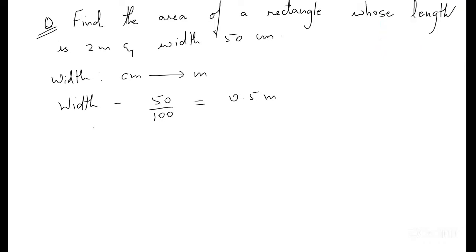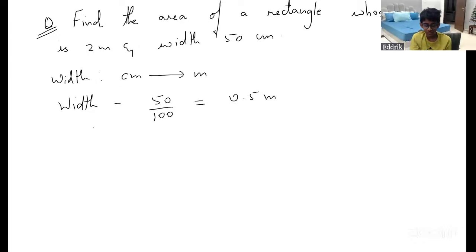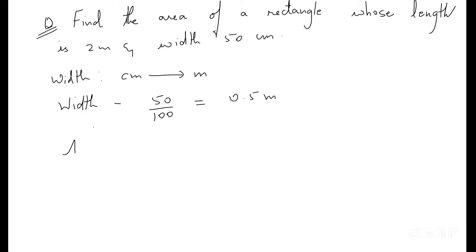Width also we can make in meters. One value we have to change to make them similar. Centimeters, okay. I am using width. Area is length into width. So length is 2 into width is 0.5. Multiply this. 1 meter square.